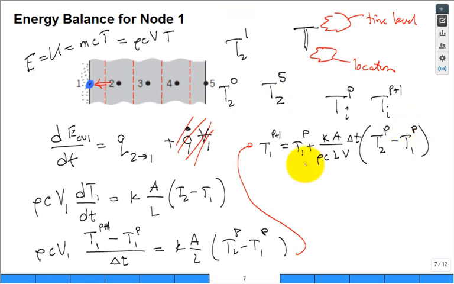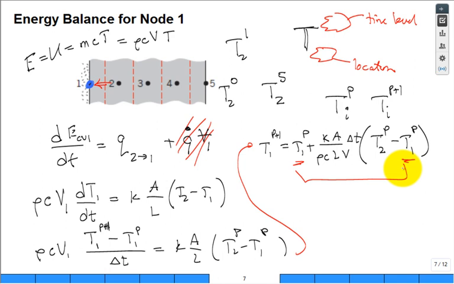And yes, you can combine this one and that one a little bit more, but let's leave it there. But this is our explicit forward differencing or something like that. It's Euler method. Maybe you learned it as a different name, but you can flip through your textbook and find it.